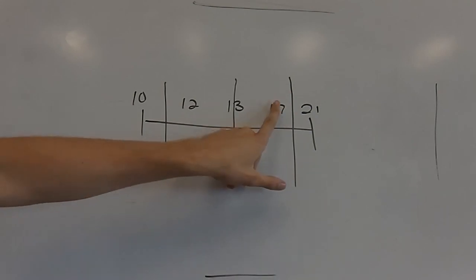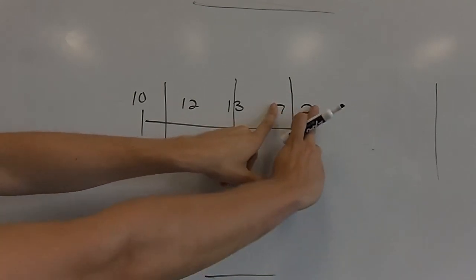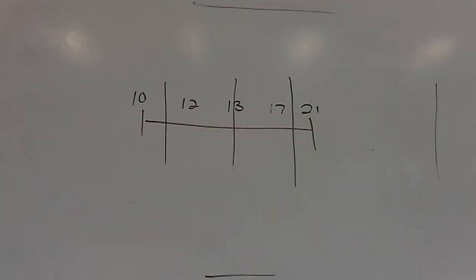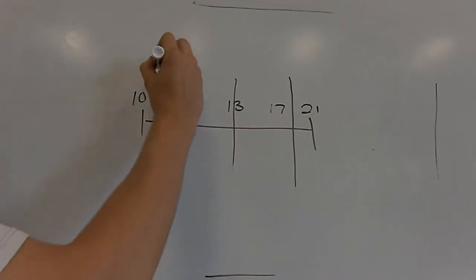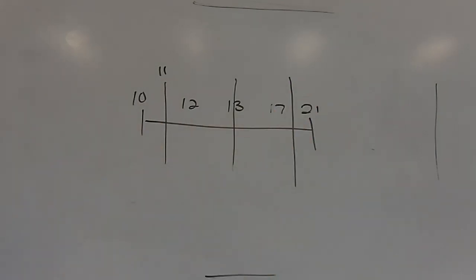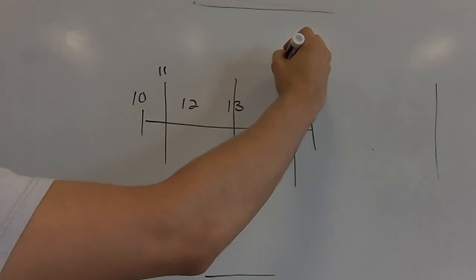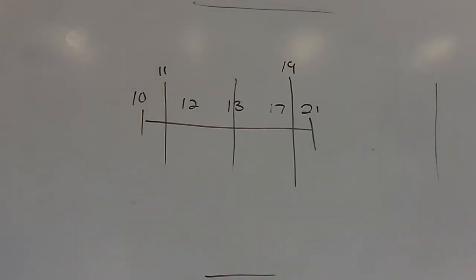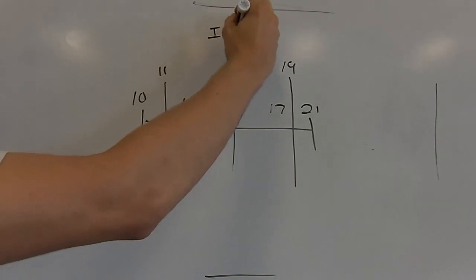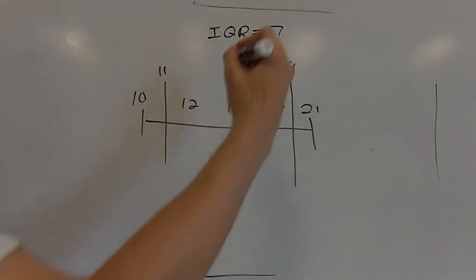I'm going to start with the 17 as my first number, and the 21 is my last number. So at this point, we would have 11 for a lower quartile, and between 17 and 21 is 19. And so then my inner quartile range, or my IQR, would be 7.